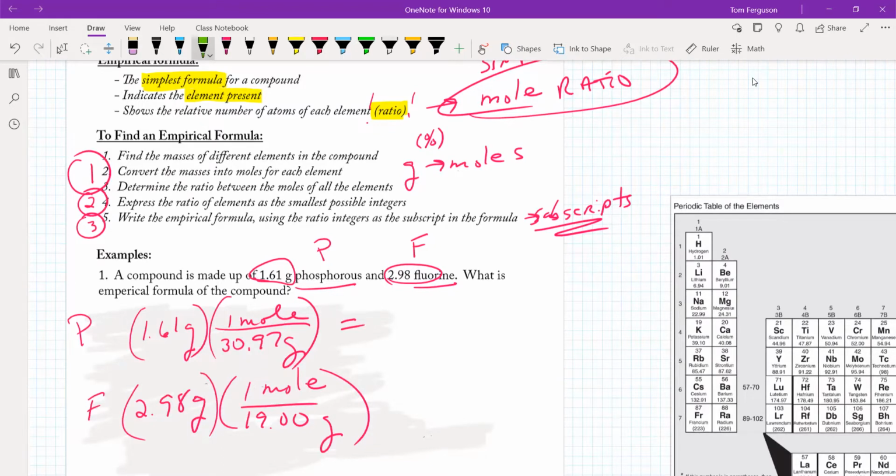This is just the molar mass. So let's do that. 1.61 divided by 30.97 is... now this is 3 sig figs. And this is 4 over here.